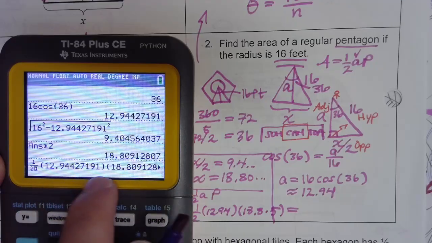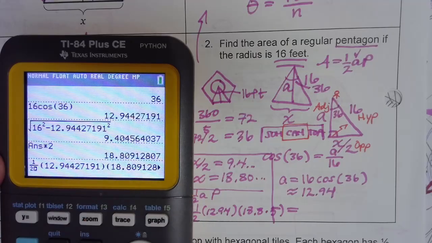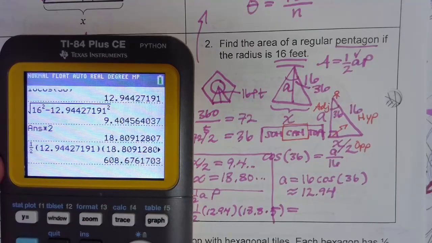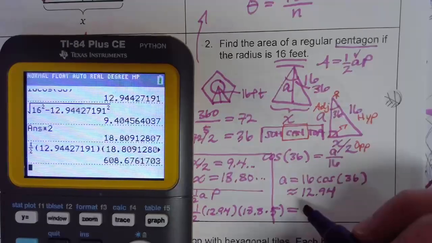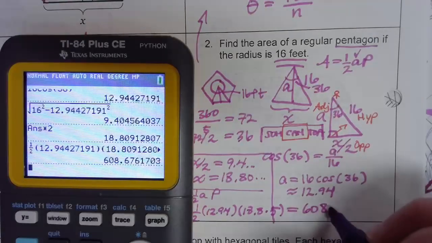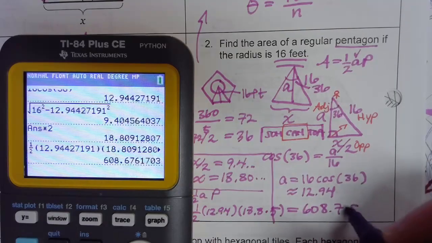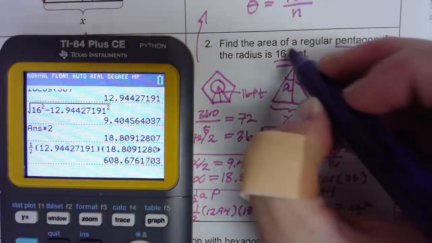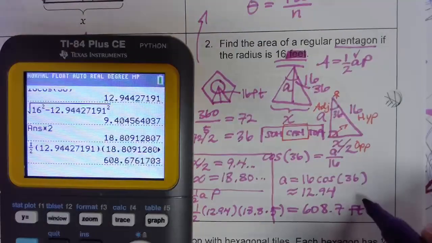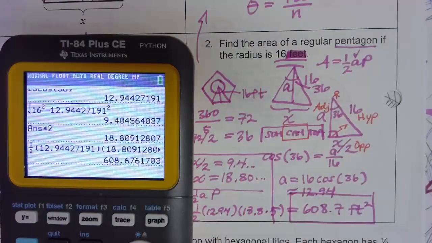Here's our apothem, which we found to be 12.9-ish. And we hit enter for about 608.7, approximately. And I believe this is feet, yes, feet squared. Look at that.